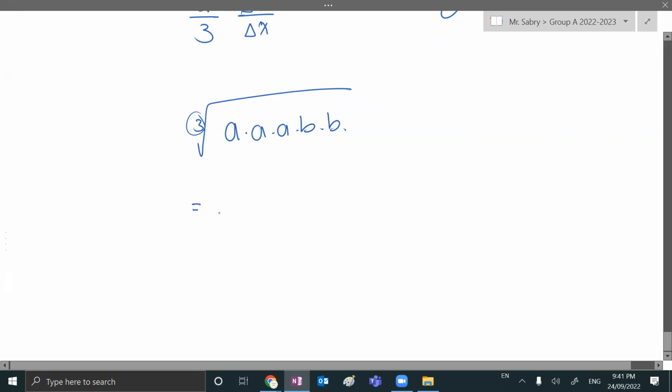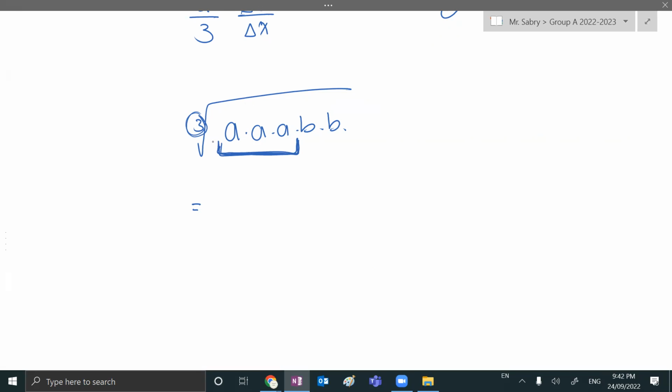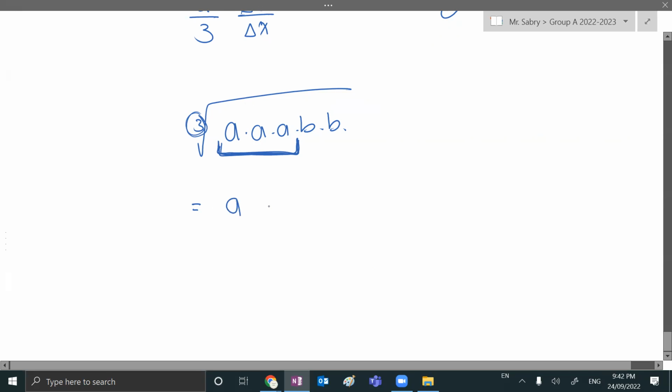How would this be simplified? The cubic root is supposed to remove 3 a's under the root and make it only one a outside of the root. That's what the root would do. It takes the 3 from underneath and brings them outside as one, so only one a comes out, and what remains stays inside the root, which is b times b.